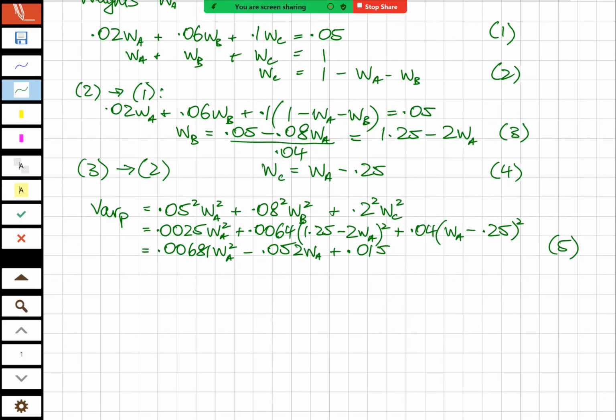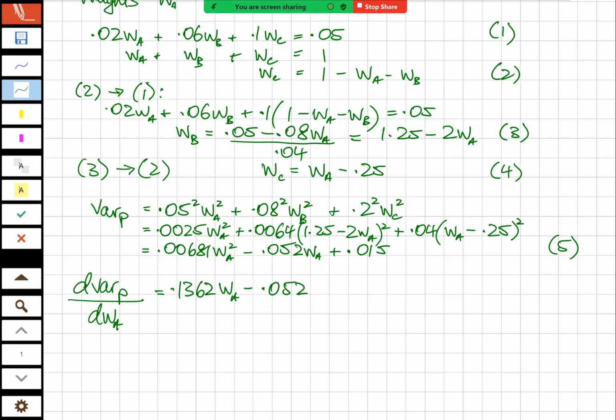Now, this is clearly a quadratic for the portfolio variance, and the only variable here is the proportion WA, so we can find the stationary point. We differentiate the portfolio variance with respect to the proportion in asset A, and we get twice the coefficient, 0.1362 WA, minus 0.052.